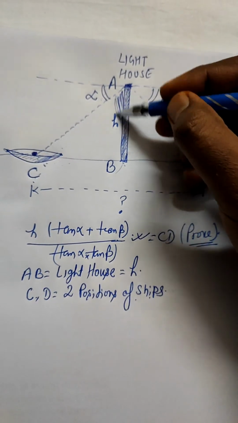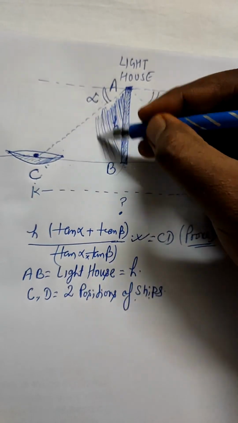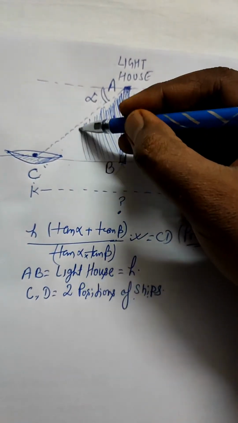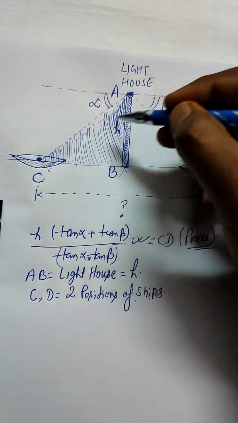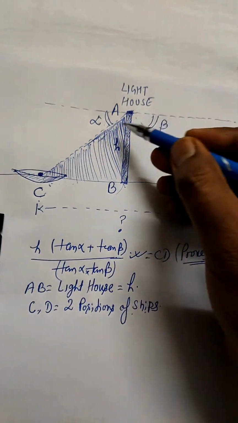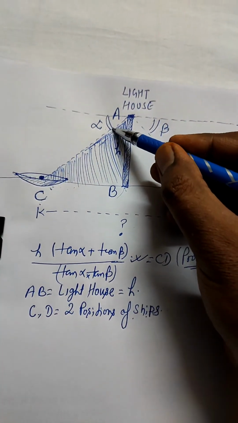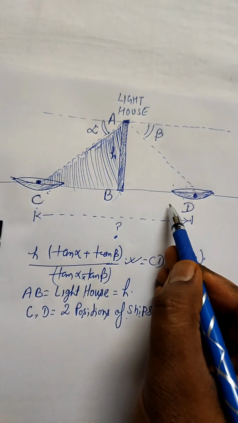Triangle ABC, if this is the angle of depression alpha and these are two parallel lines, consider like this, right?